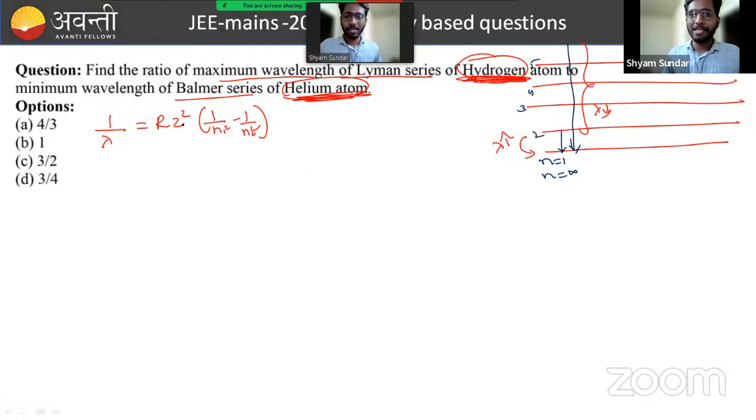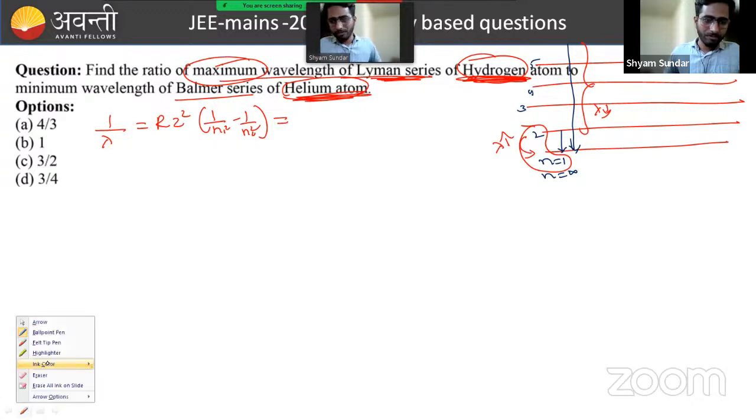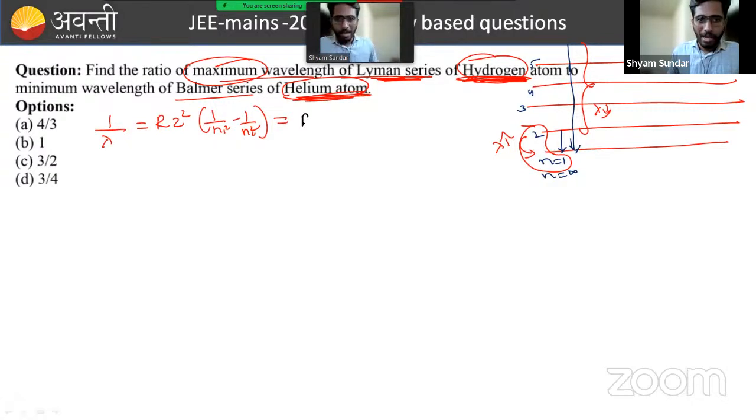Now they are asking about the Lyman series. Look here, Lyman series. Maximum wavelength will be obtained for n equals 1 to 2. Substitute that value here. Simple. R Z square means 1 square.